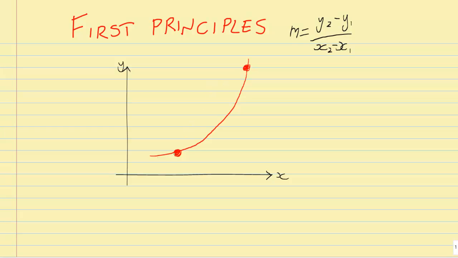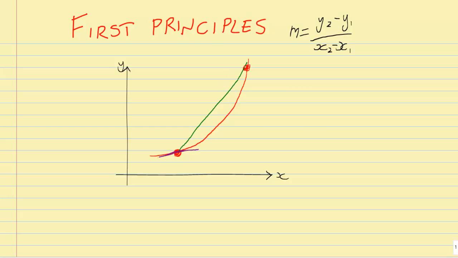Now, if we're going to calculate the gradient of those 2 points, essentially what we're doing is calculating the gradient of that straight line between the 2 points, which is not bad, but it's not great, because the gradient here is actually more like this. So this green line here, it's close, but it's not brilliant. We want to find something a bit better.